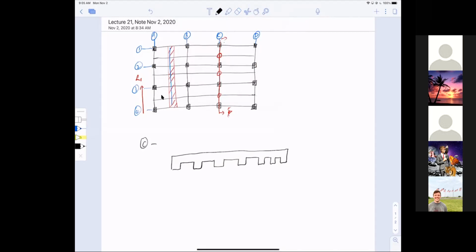Quite busy, but this is actually what you're looking at. So this is grid C. This is 1, and this is 1 prime in the problem. And this is 2, and this is 2 prime in the problem.